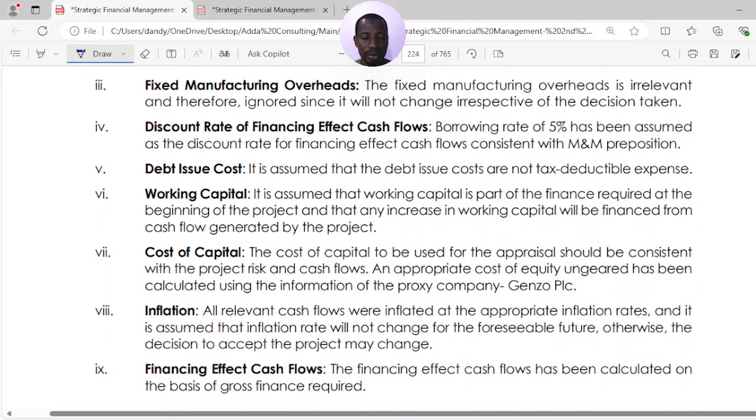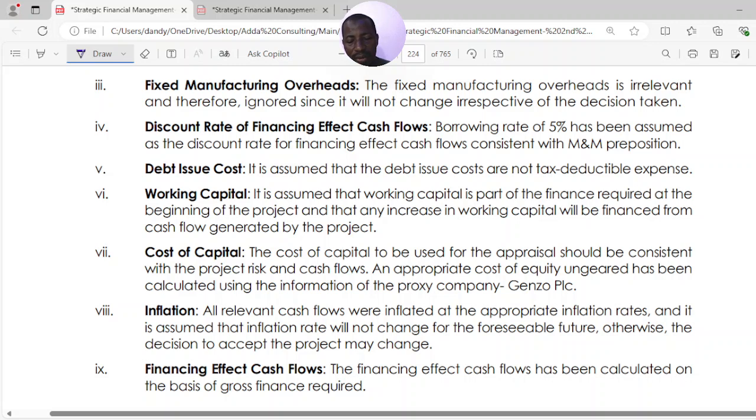Then number 7, we also talk about cost of capital. So the cost of capital to be used for the appraisal should be consistent with the project risk and cash flows. Money cash flow for money cost of capital. Again, an appropriate ungeared cost of equity has been calculated using the information of the proxy company, Genzo PLC. Then number 8, we talk about inflation.